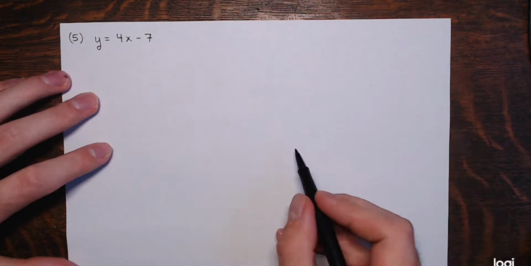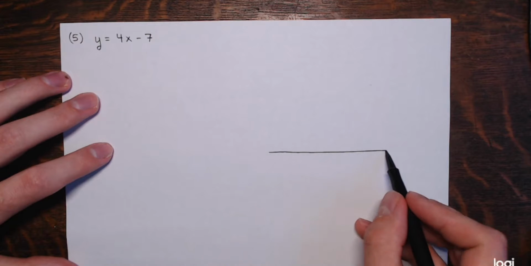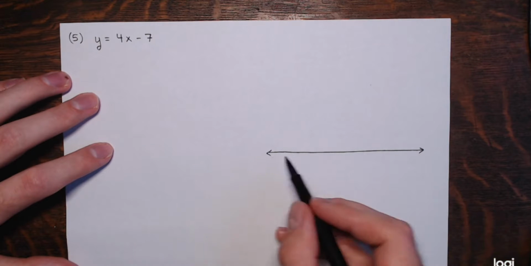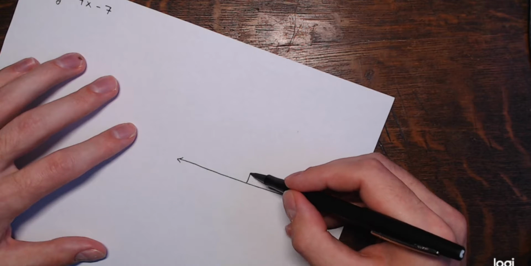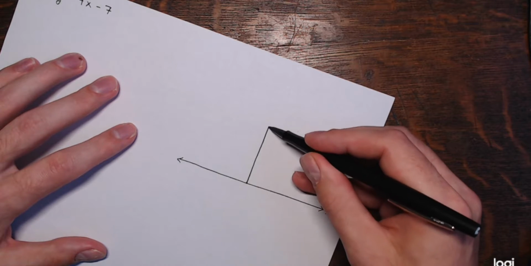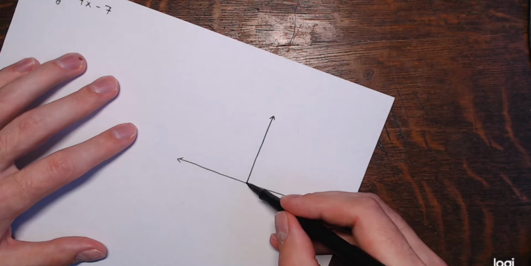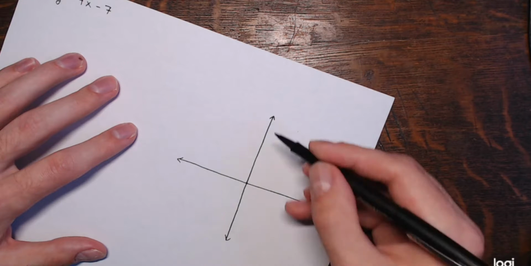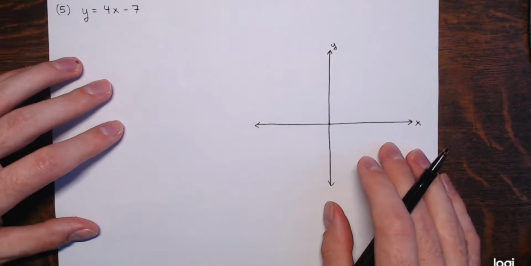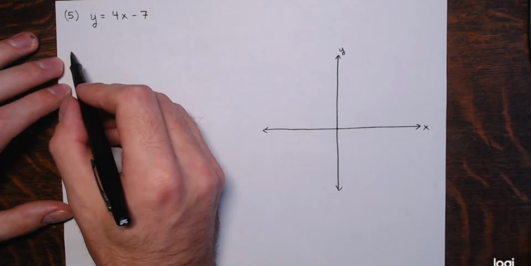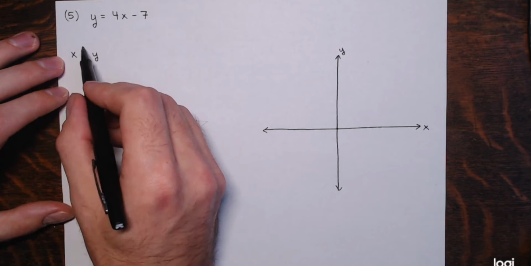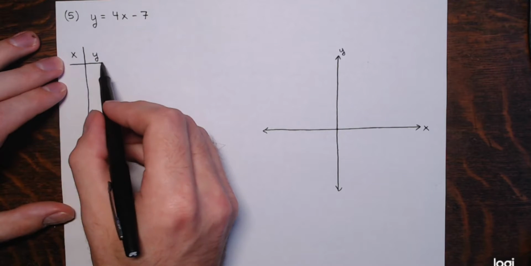Let's see that though. So again, I'm going to make a hand drawing of the xy plane. And once again, if you have graph paper, that would be best. Sorry that I don't. And a table. All right, constructing a table here, plugging in values of x and getting values of y.